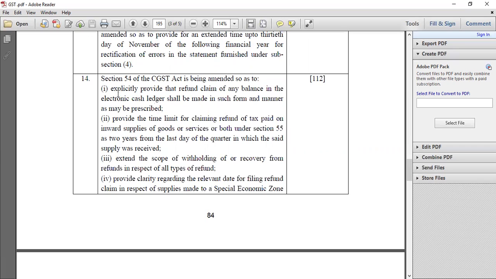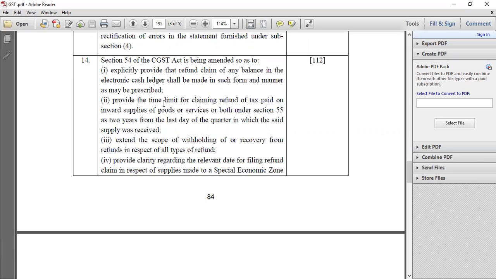First one is that any balance in electronic cash ledger will be available for refund. Then the next one is the time limit of claiming refund of tax paid on inward supplies of goods or services or both under Section 55. This is being fixed as 2 years.